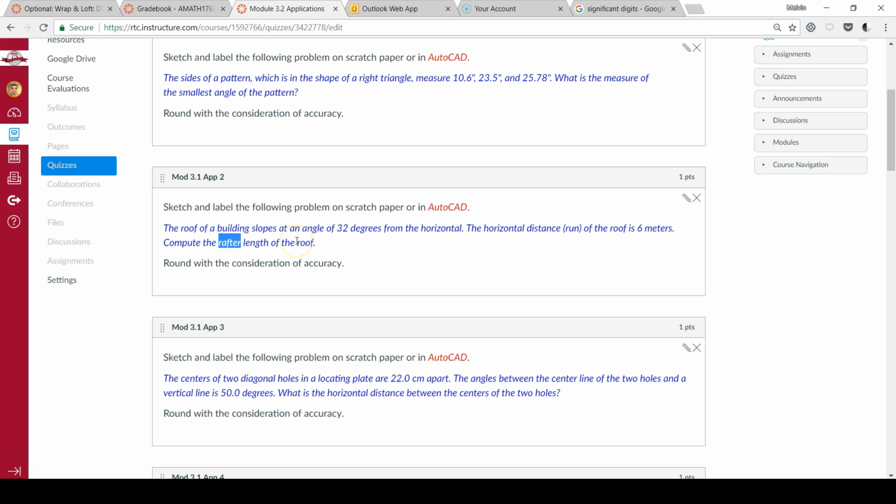This is a piece of construction terminology, construction jargon. The rafter is the side of the roof that slopes. So this is going to be like the hypotenuse, the longest side of the roof. I'm also asked to round with consideration of accuracy. So these are a bunch of words.